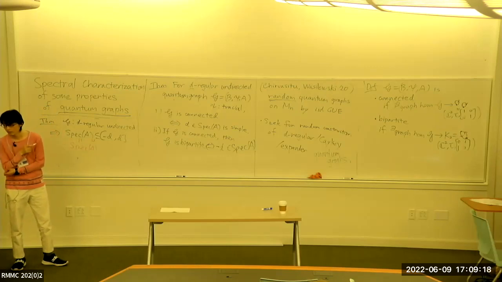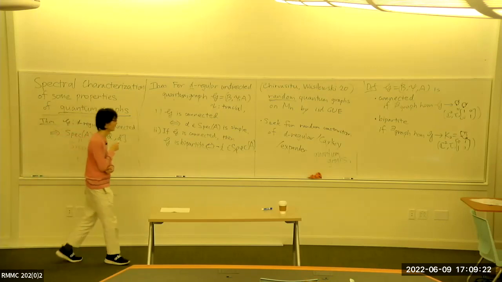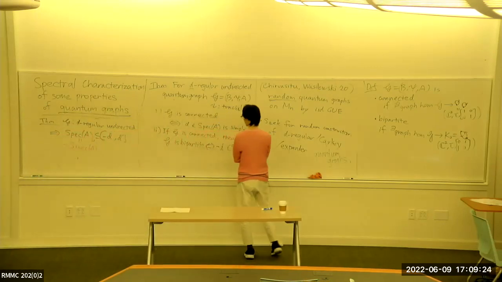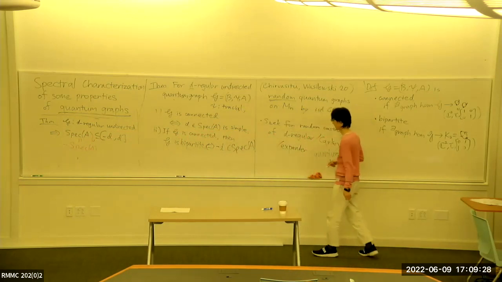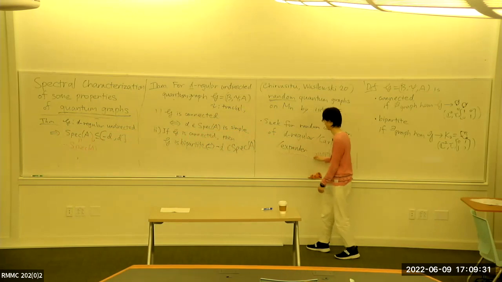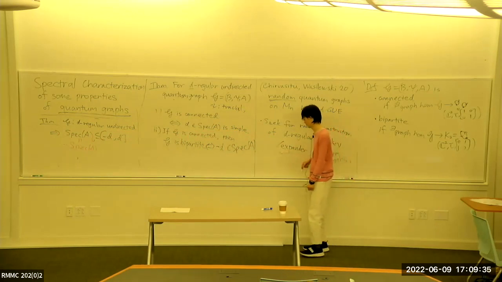Can you define expander for quantum graphs? Because you know the graph expander model very well for classical graphs. Yes, it's a very good question. Now I'm working with Matt Kennedy and Michael Brannan on how to define expanders for quantum graphs.